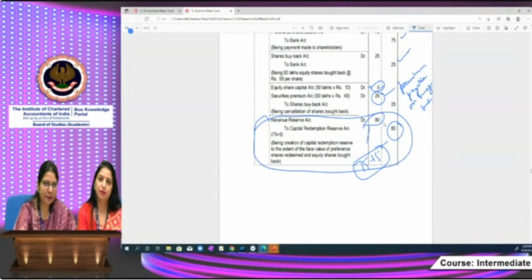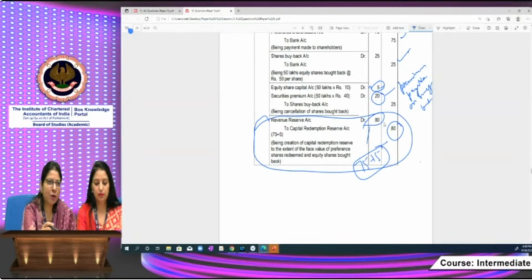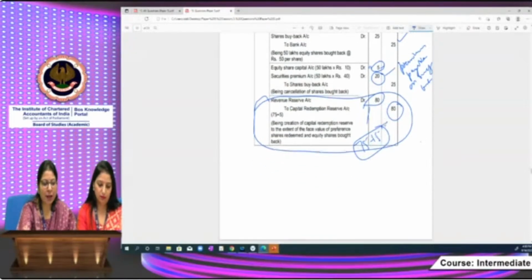You have to give the correct amount for each entry. If it's a 10 marks question, then for each particular aspect, stepwise marks have been allotted, and if you make any entry incorrect, you will lose the marks for that. So now this is regarding buyback of shares.